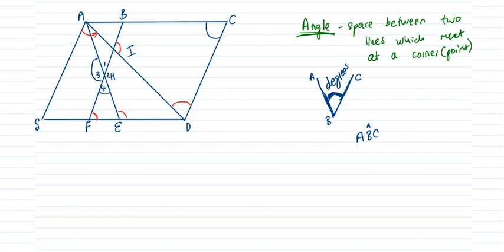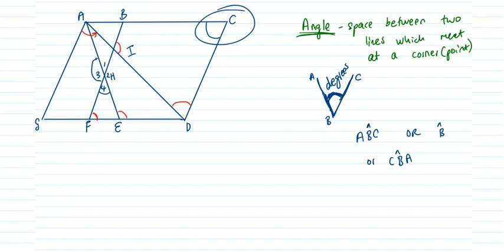Okay. Or you can call it angle B. If you say angle B, you are saying the angle formed at the corner at B. Or you can call it angle ABC, or you can even call it CBA. That becomes your angle there.